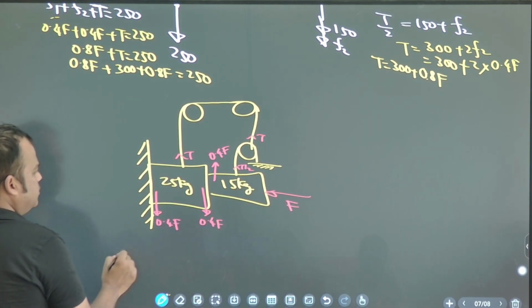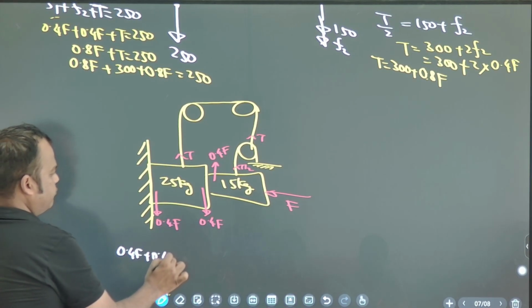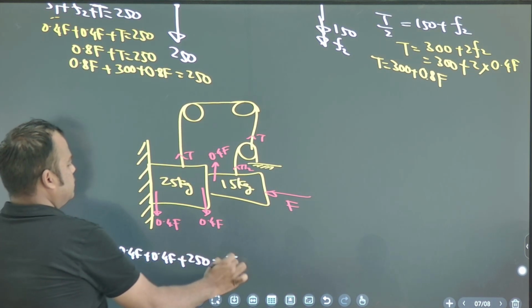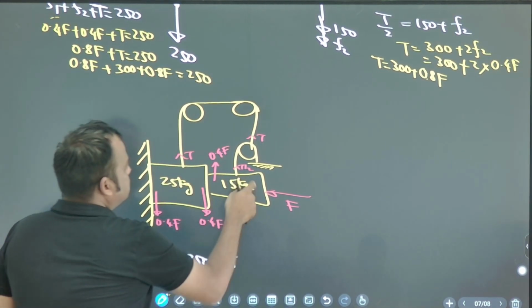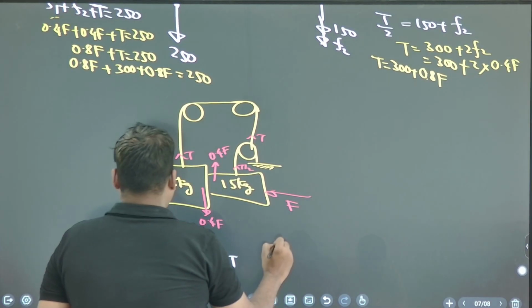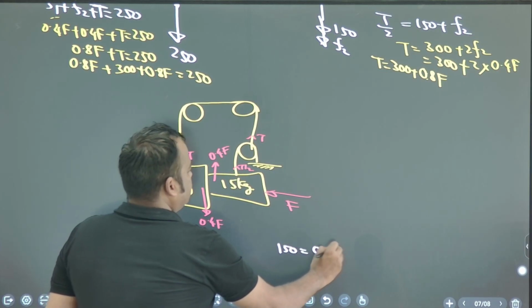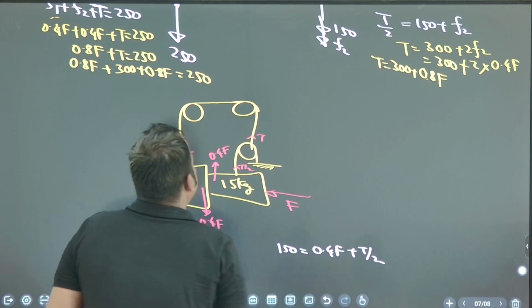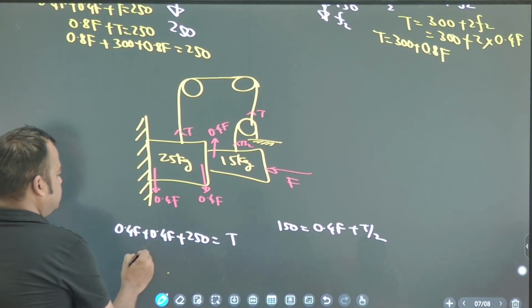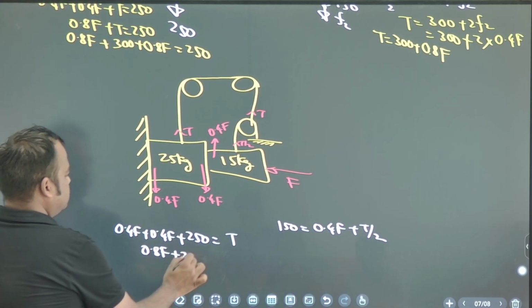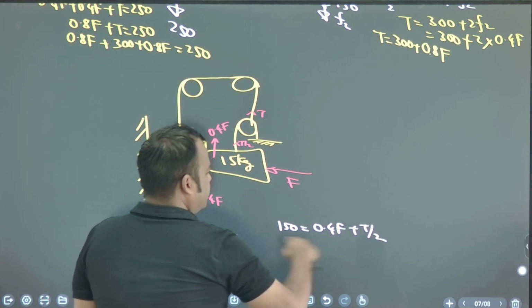Now solve. 0.4 F plus 0.4 F plus 250 is equal to T, correct? For this, 150 is equal to 0.4 F plus T by 2. Now T by 2, you multiply by 2.